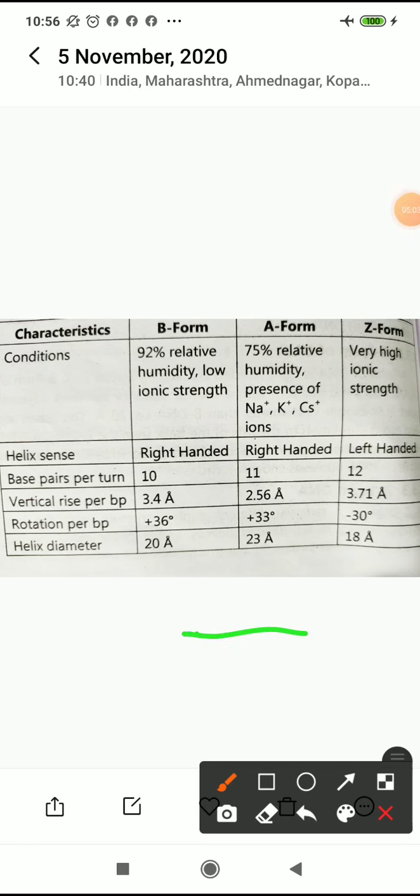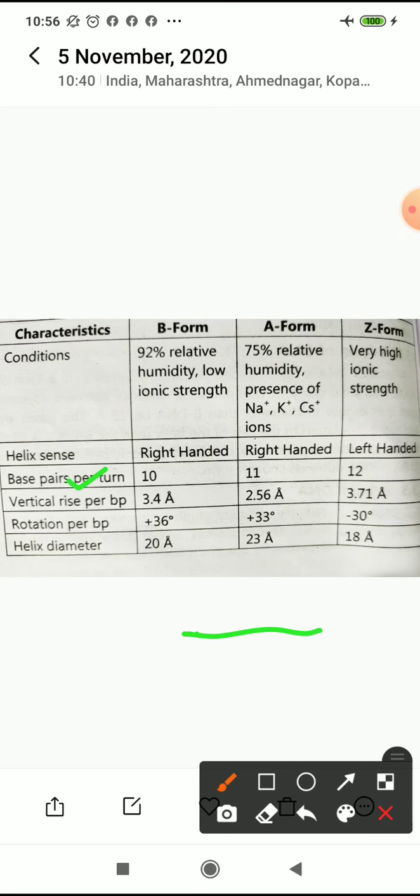Here in this chart, one can see the difference between B form, A form and Z form. Related with base pair per turn, B form 10 base pairs, then in A form 11 base pairs per turn, and in Z form 12.